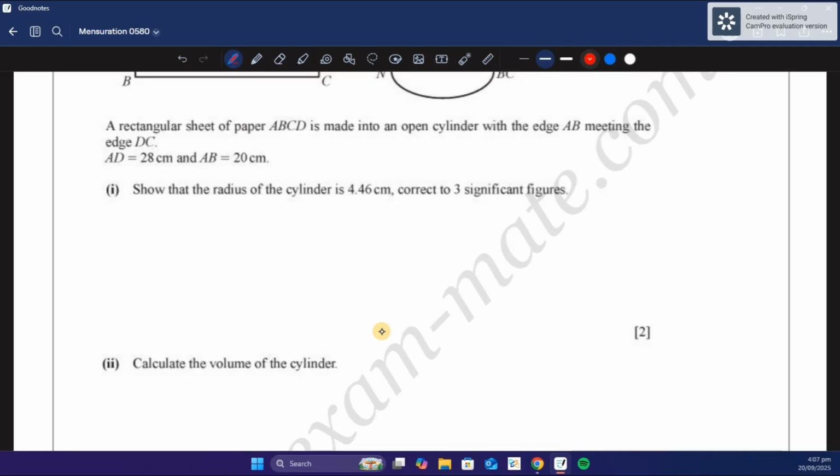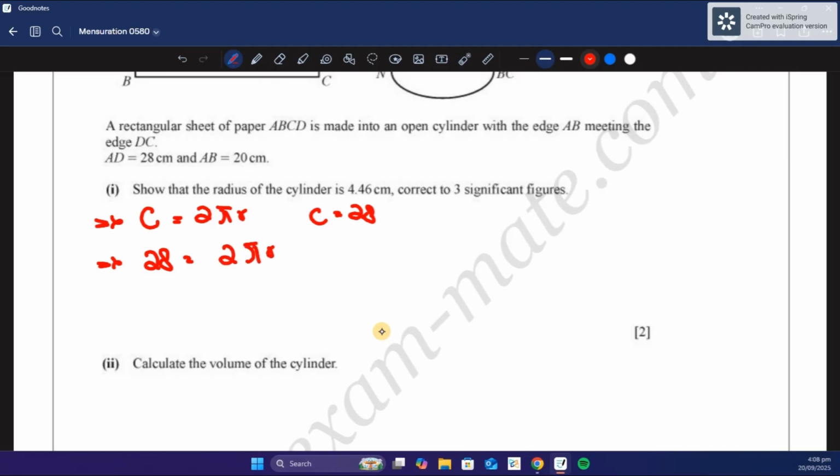So the formula for circumference is 2 pi r, and we know that circumference is 28. So we can equate 28 equals 2 pi r.